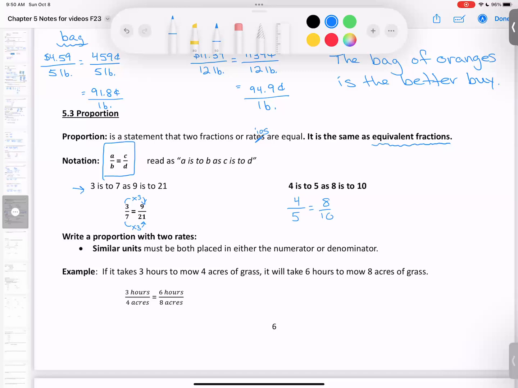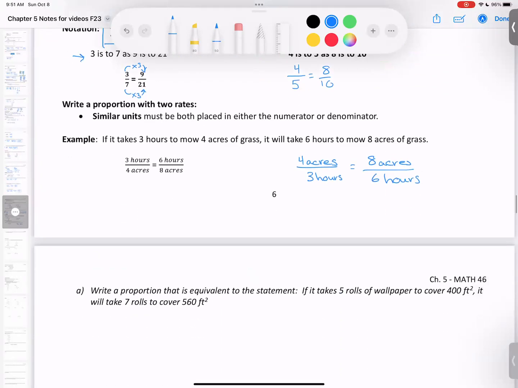For these equivalent fractions, we have hours in the numerator and acres in the denominator. We could have had acres in the numerator and hours in the denominator as long as we were consistent about it. So it would also be fine if you did 4 acres per 3 hours equals 8 acres for every 6 hours.